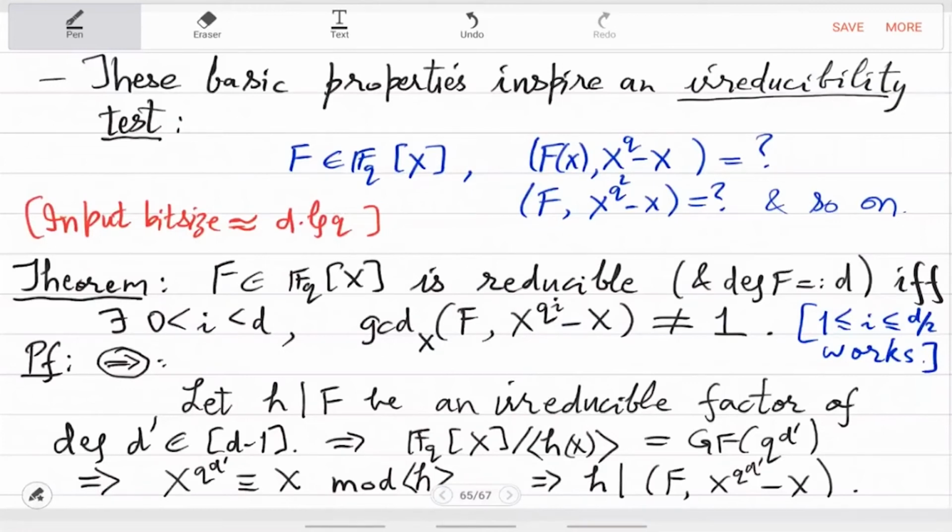I mean the i's where you will see GCD not 1. Yeah, the correct characterization is that i equal to d prime will give you a certificate, GCD not 1. But then after d prime, the next i will be 2d prime. So you will actually get it in multiples of d prime.